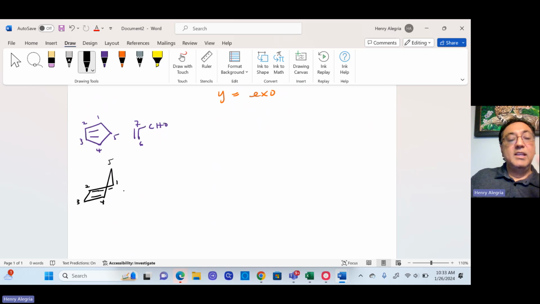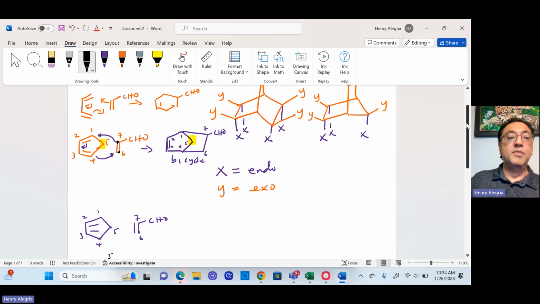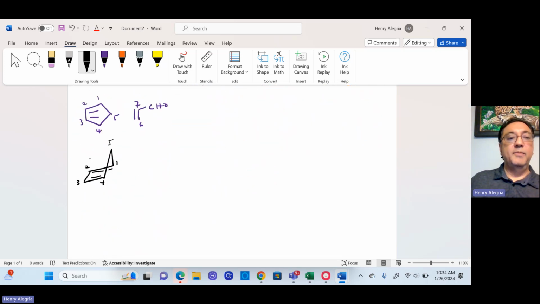And now, when we were looking at the earlier perspective, you might say, but hold on, wouldn't the problem be that the distance for 7 to reach to 1 and 6 to reach to 4 is too far apart, which is the problem with an S-trans configuration. So if we redraw it this way, and I now put here, here's my 6, here's my 7, you see how much closer they are. 5 is really out of the way.